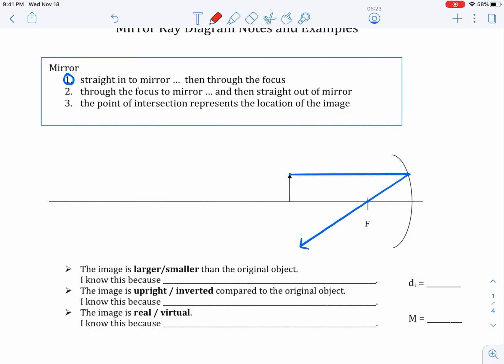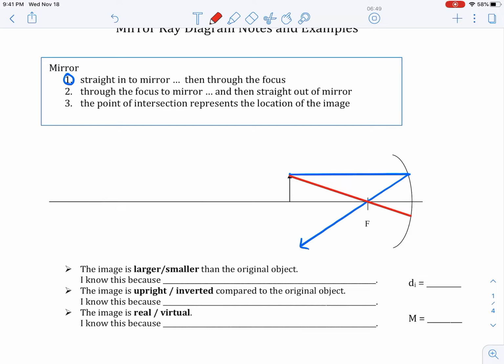In certain circumstances, some are going to be helpful and others not so much. So we are going to interpret through the focus as meaning put your ruler on the page so that your ruler passes through the focus. This is going to allow you to see the path that the light is traveling along.